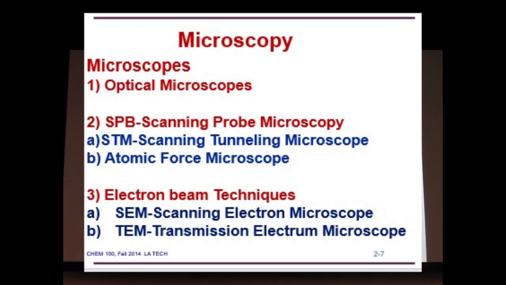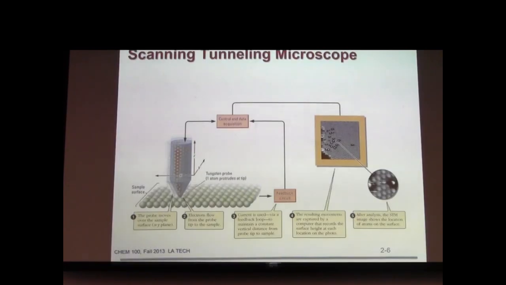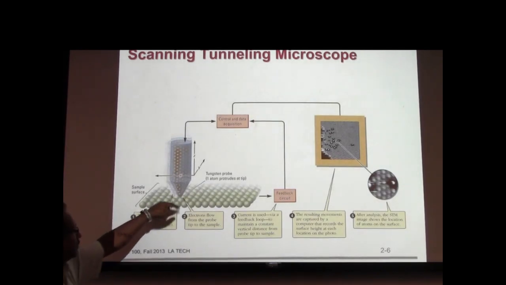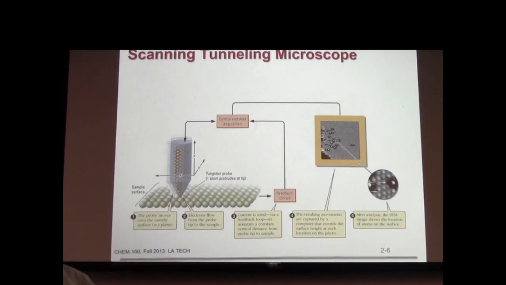Therefore, we had to find other ways. The other way is to use different techniques. Scanning probe microscopy, we'll talk about it here. One of them is the scanning tunneling microscope. There's a current passing through from the tip or the cantilever, so you can map the surface features.